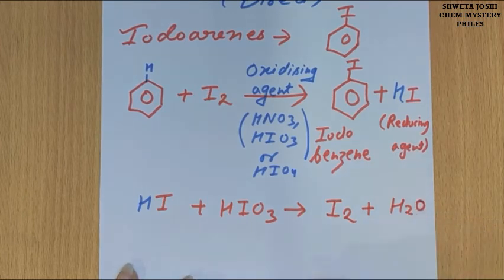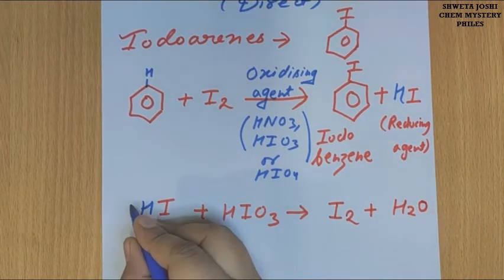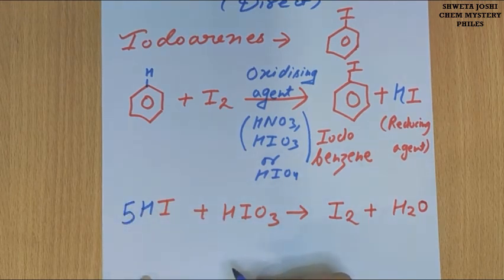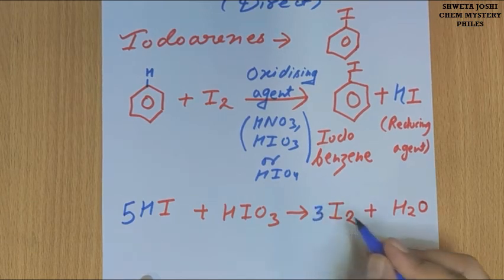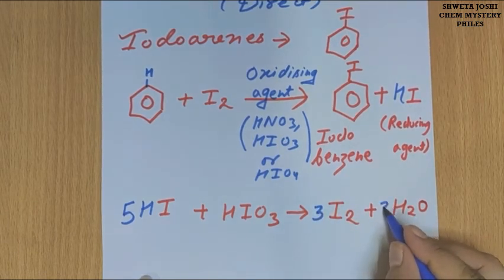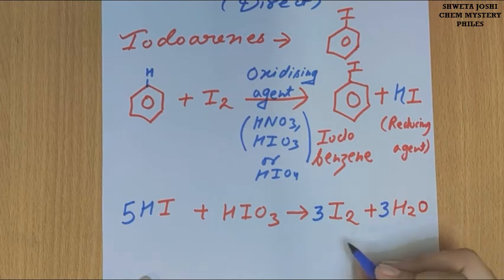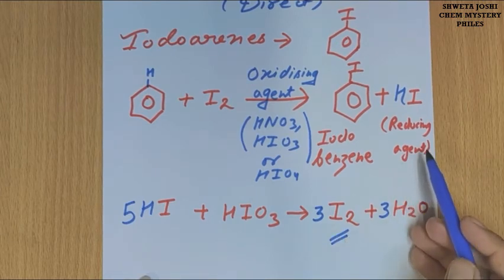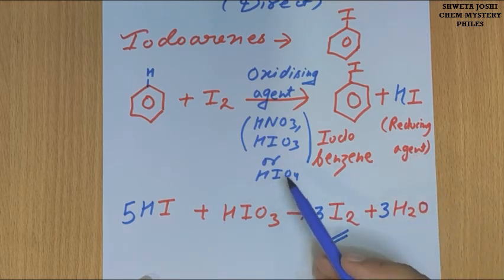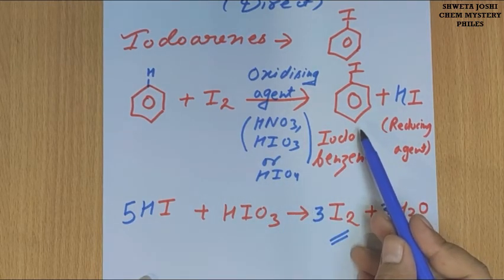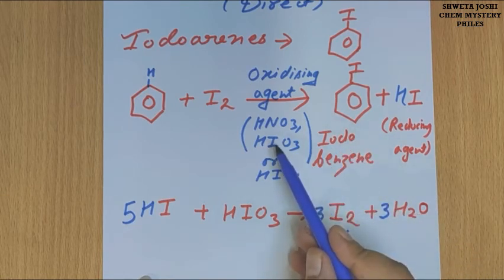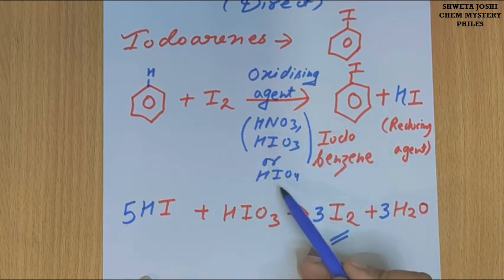For balancing the equation, you have to take 5 moles of HI reacting with 1 mole of HIO3 and it will give you 3 moles of iodine and 3 moles of water. So in the form of iodine, this HI will be removed from the reaction and it will prevent the reversibility of this reaction. So whenever you want to prepare iodobenzene or iodoarenes, in that case along with iodine you have to take an oxidizing agent.